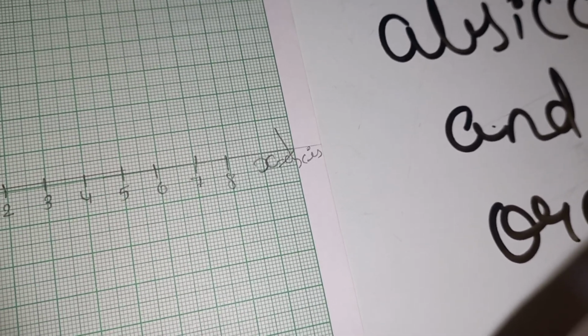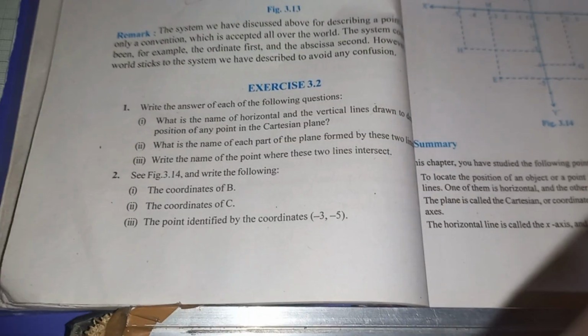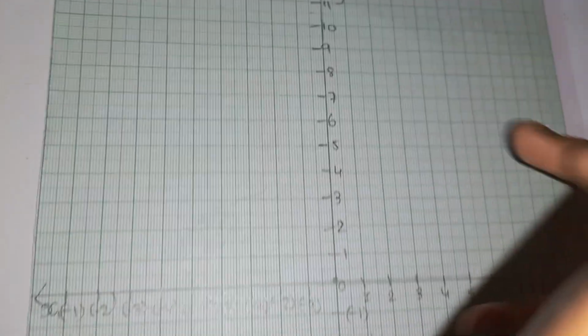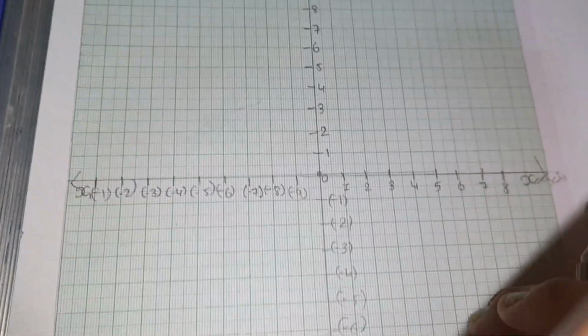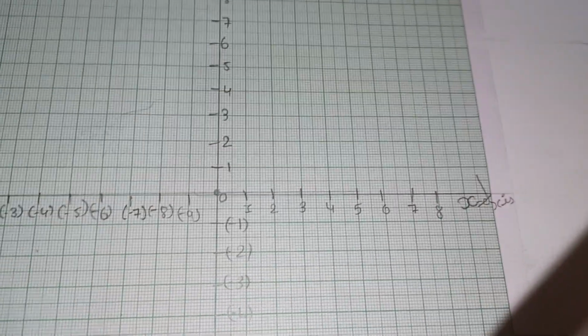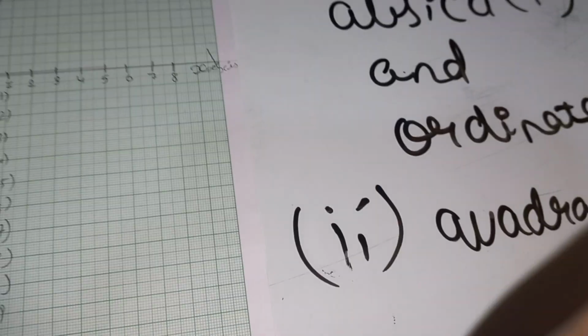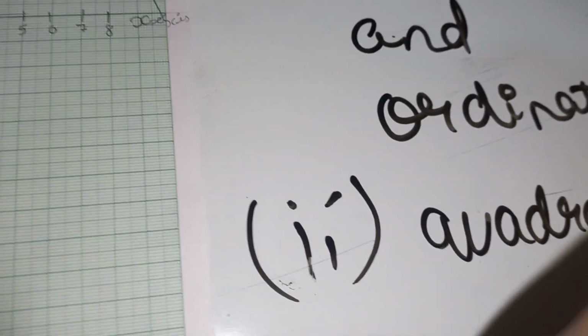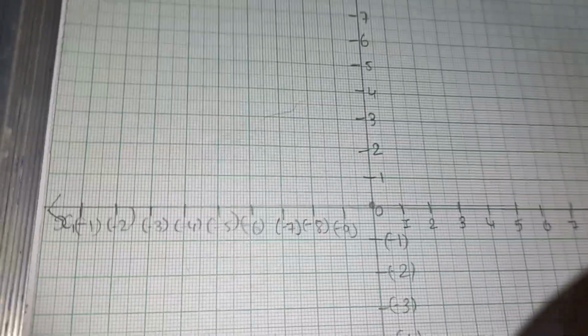Second, what is the name of each part formed by these two lines? Here each part formed by the two lines is known as a quadrant. So first, the horizontal and vertical lines are the abscissa and ordinate, second is the quadrant, the parts formed by these two lines.